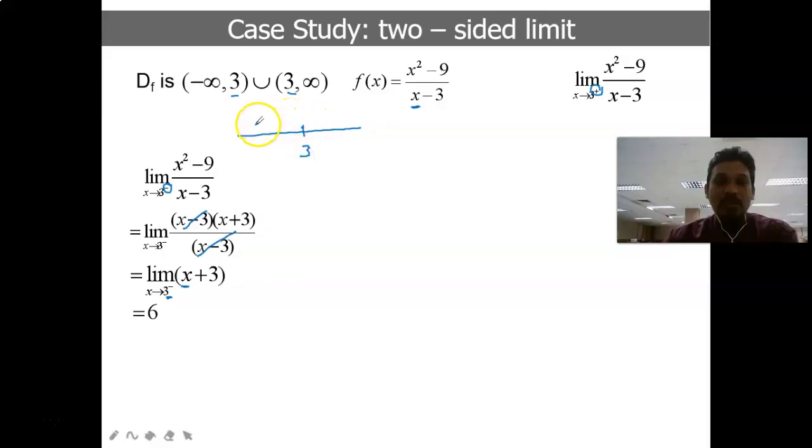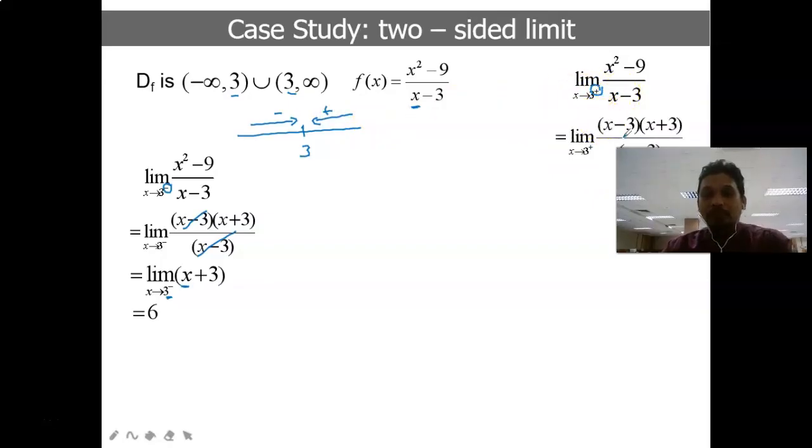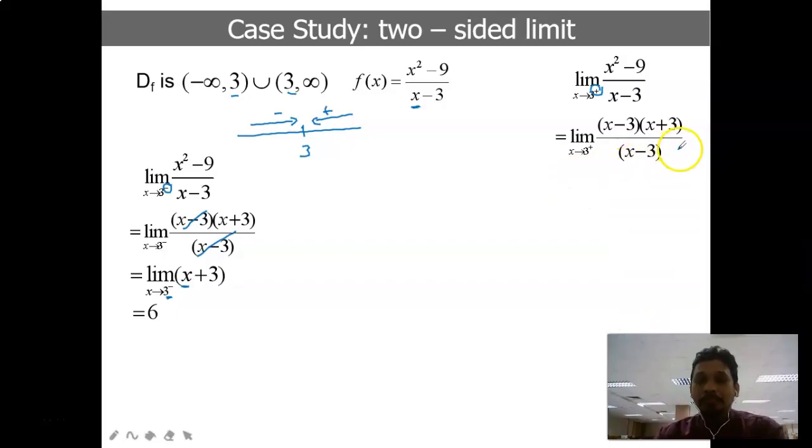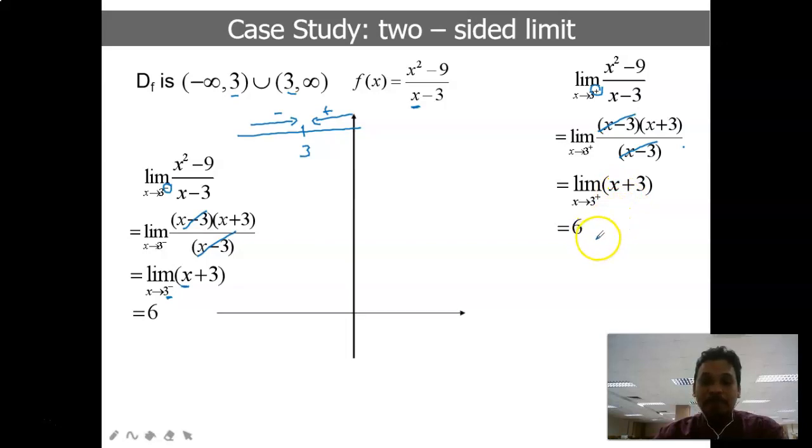We're looking at the behavior when x approaches 3 from the left and x approaches 3 from the right. When x approaches 3 from the right, factorize this and divide, and we get x plus 3. Substitute x equals 3 here, and it's also equal to 6. So the graph will be something like this.